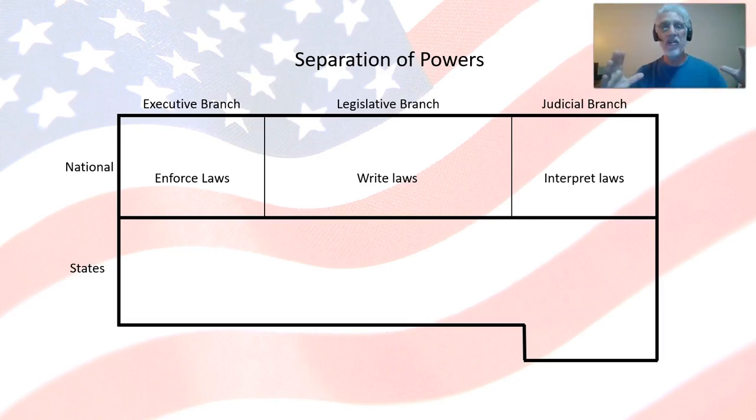But because they were concerned about there being too much power concentrated in one group of people, what did they do to the legislative branch? They cut it in half. They divided it. They created a bicameral legislature. There's a House and there's a Senate.